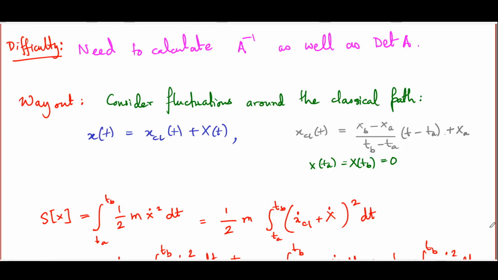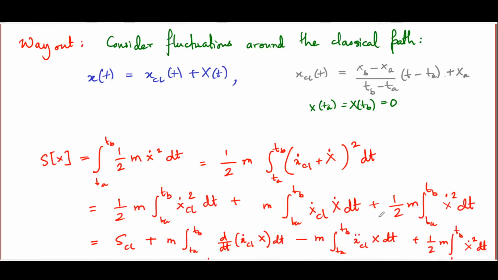Of course, our Lagrangian here is just half m x dot squared, and that's just what we are integrating from time ta to time tb with respect to time. Now since x dot is x dot classical plus capital X dot, our action can be written in this form. And using our childhood formula, we can split this up into three pieces.